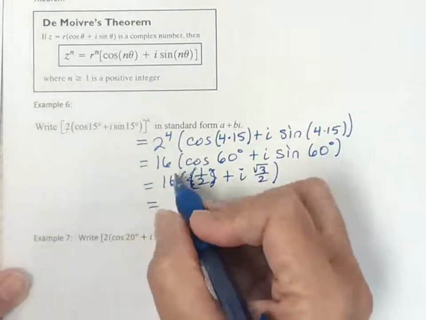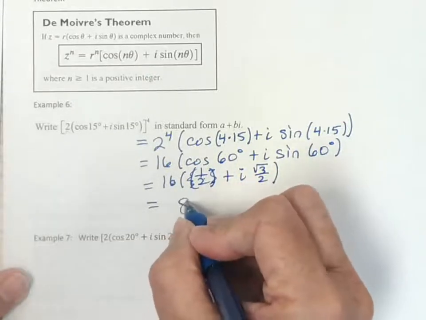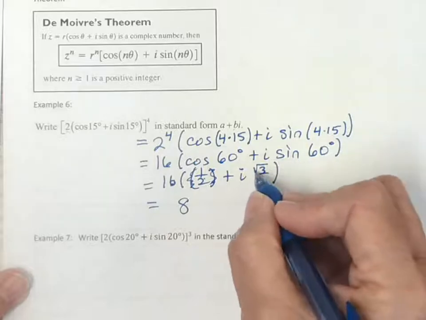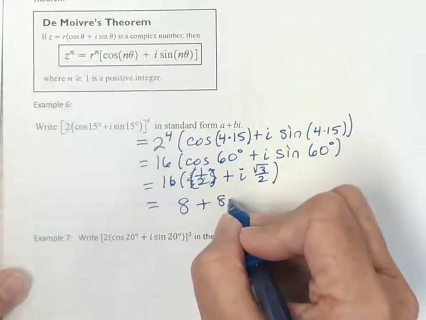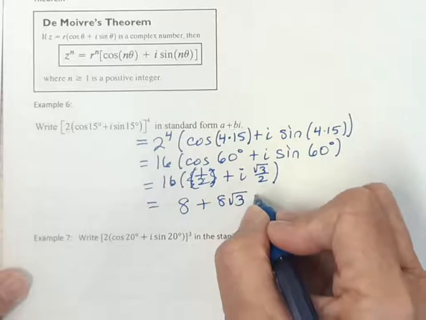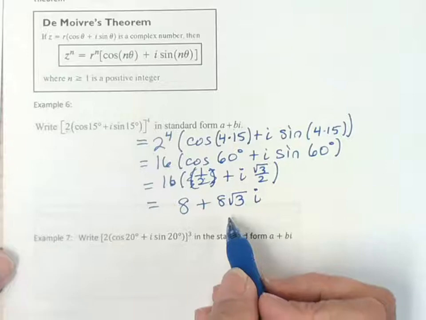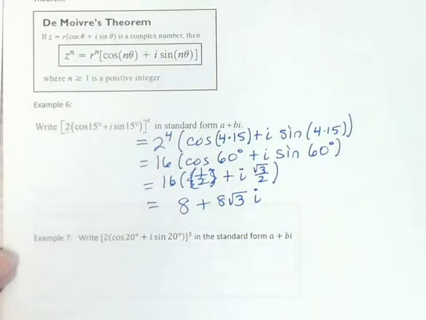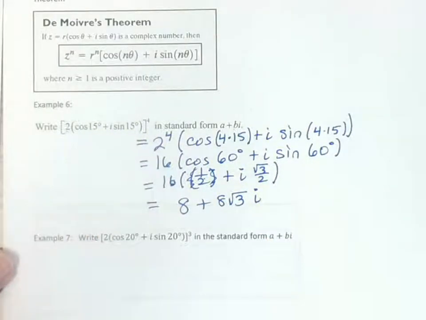So now I'm just going to distribute. 16 times 1/2 is 8. 16 times the square root of 3 divided by 2 is going to be 8 square root of 3 times I. And I now have converted this to the form of a plus bi. Okay, I have taken this and raised it to the fourth power.